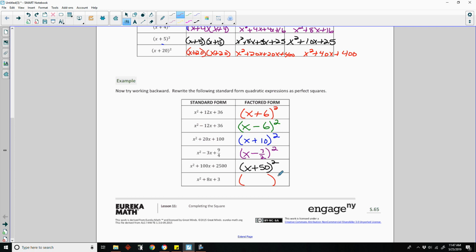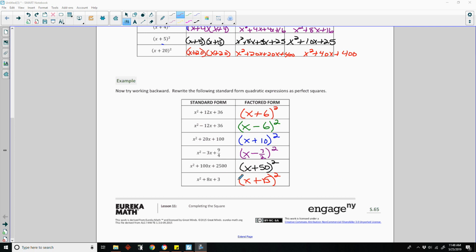And then finally this, I would square, plus, plus, plus, x squared, square root of x squared. And now we have x squared plus 8x plus 3. Well, now we're running into a problem because the square root of 3 is the square root of 3. And we don't generally put this here.